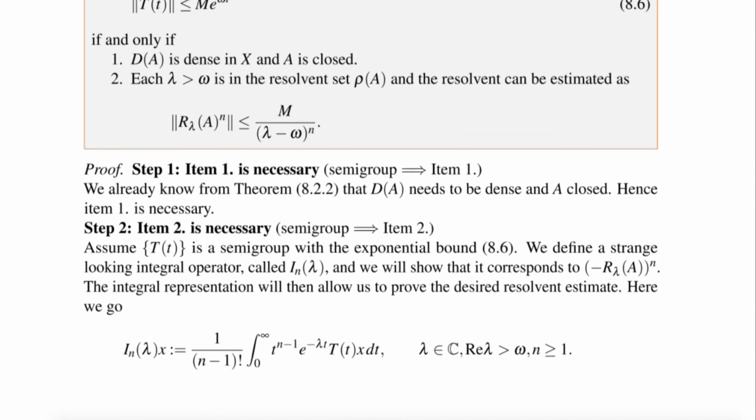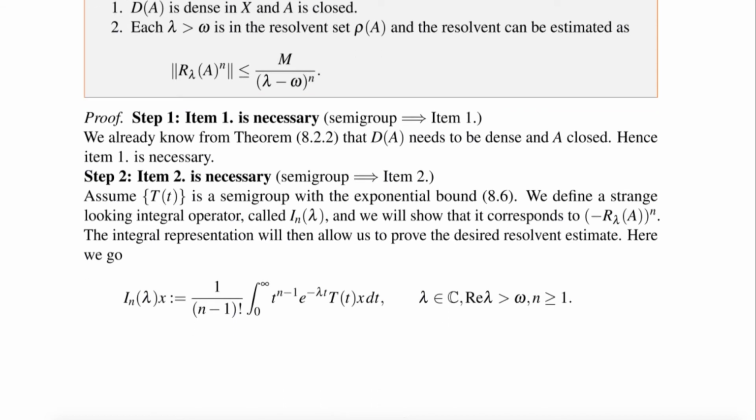Now that also item 2 follows from a semigroup, we need to have a resolvent estimate, R(lambda, A) to the n. And I use a very funny way to write down the resolvent, using these integrals I_n(lambda) of x. It turns out later that I_n(lambda) will actually be minus the resolvent of A to the power of n.